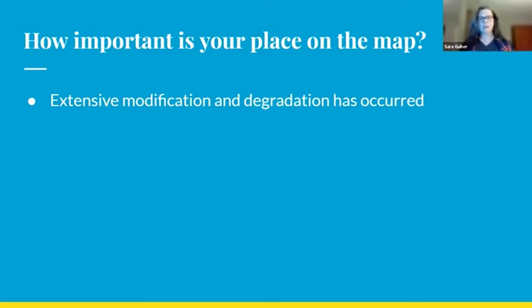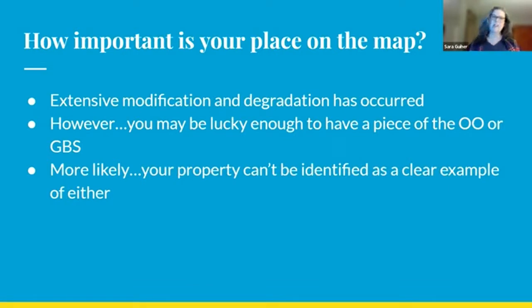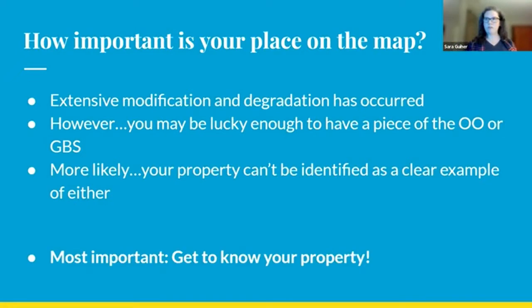If you do live in one of those areas, you may be lucky enough to have a piece of property that really represents what we think of when we talk about the oak openings or the Great Black Swamp. More likely, you don't have a property that neatly falls into one of those categories, and so what you really need to do is get to know your property.